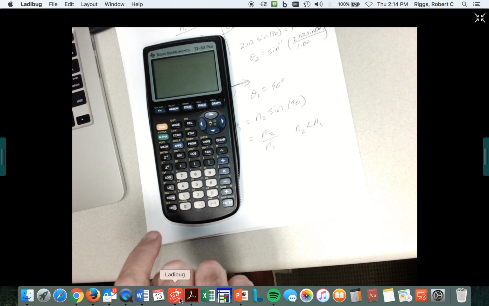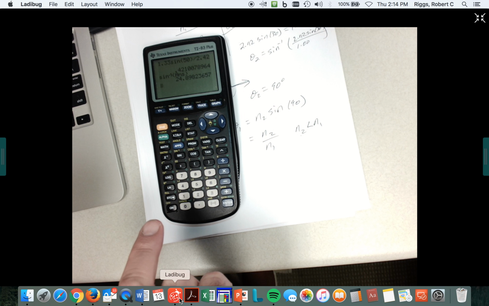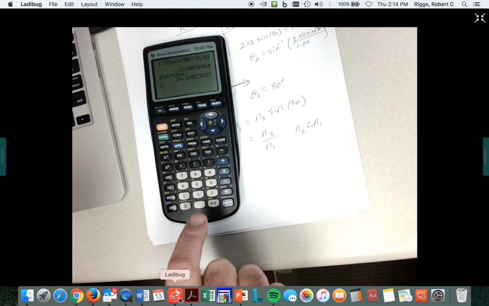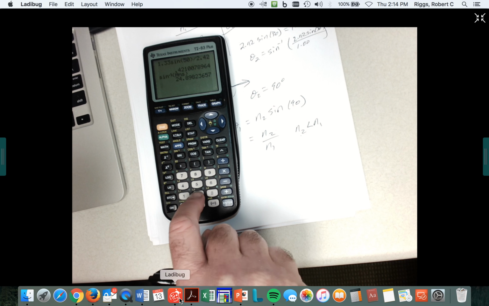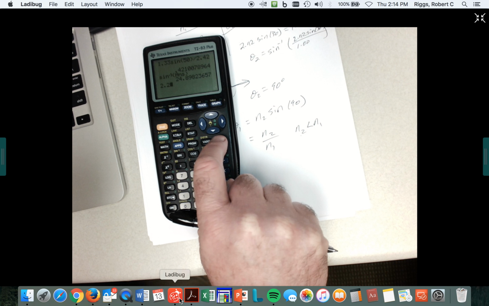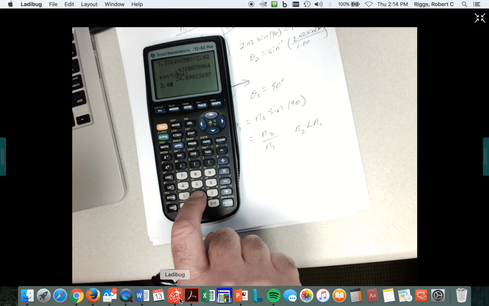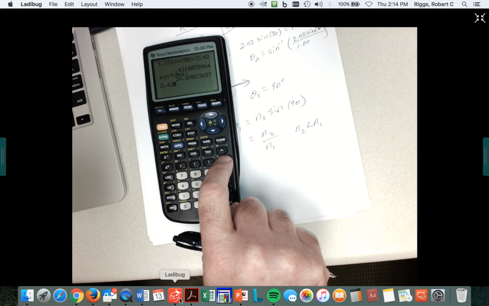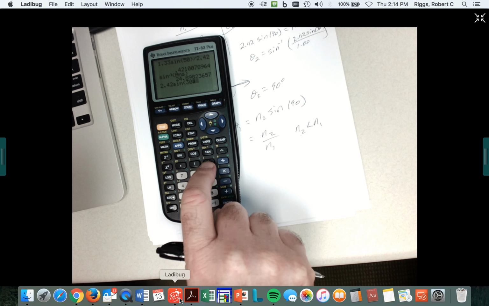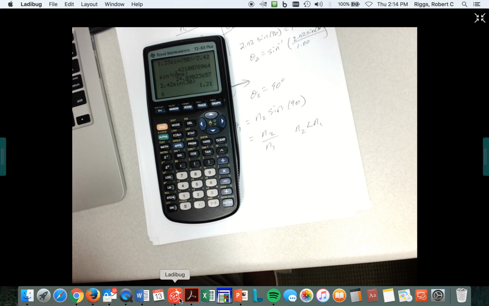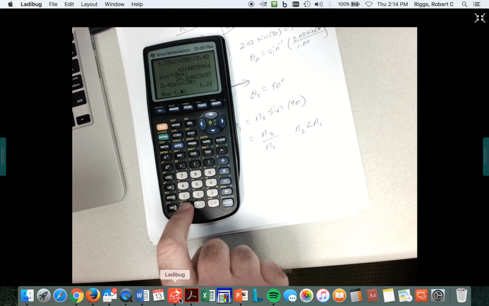Now, if I get an error, so I've got 2.42 times the sine of 30, divided by 1.00. Oh, look at this.